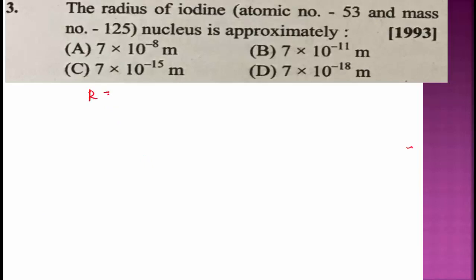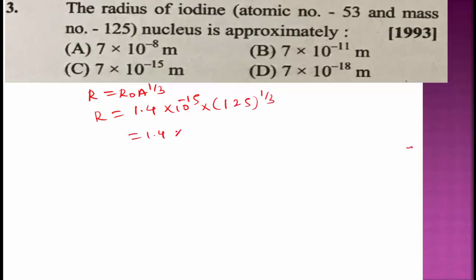We know the formula R is equal to R naught A to the power of 1 divided by 3, where A is the mass number. Therefore R is equal to R naught, which is 1.4 into 10 to the power of minus 15, times 125 to the power of 1 by 3. Here the mass number is 125.